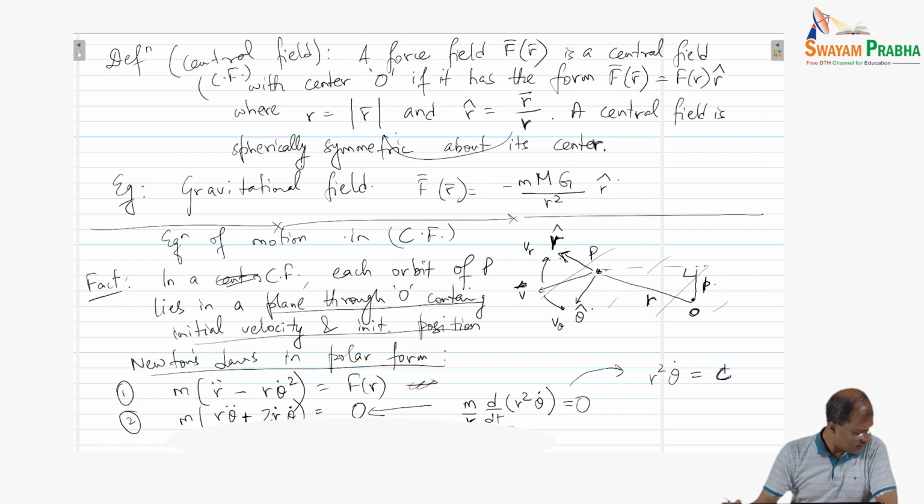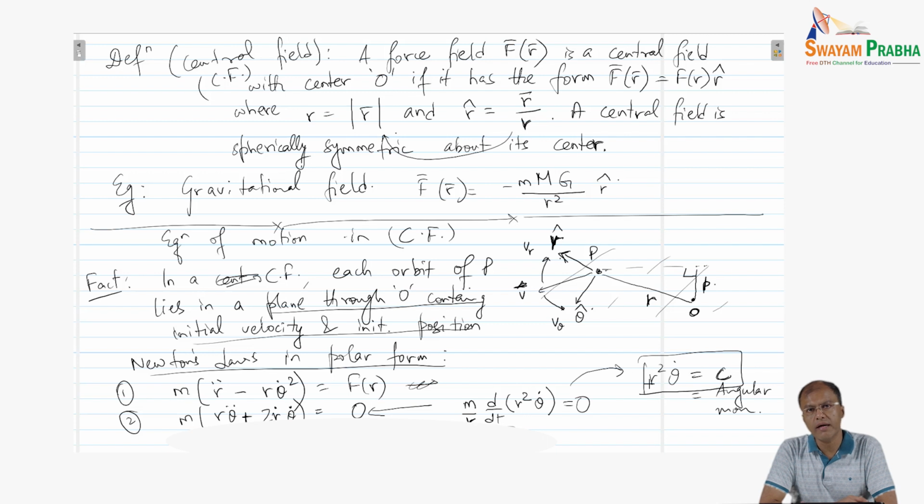It is a constant, and typically this is the angular momentum per unit mass, of course, because we have divided by m throughout. The angular momentum of the system. So what we have found from the second equation is the angular momentum conservation for the planetary motion, right?